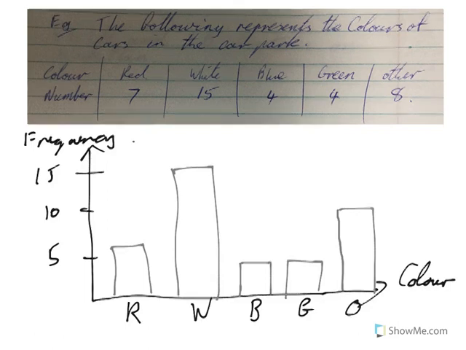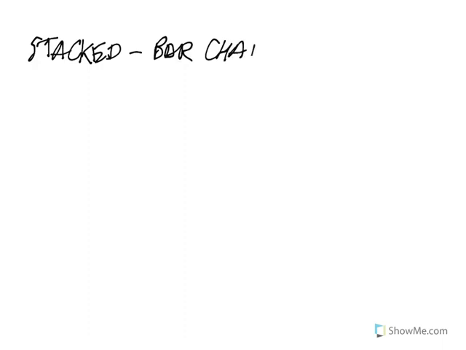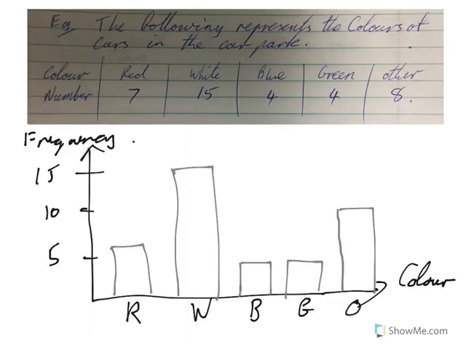Now there's another kind of bar chart variation called a stacked bar chart. For a stacked bar chart, instead of having all our bars separate, like that, we take them and stack them one on top of the other.